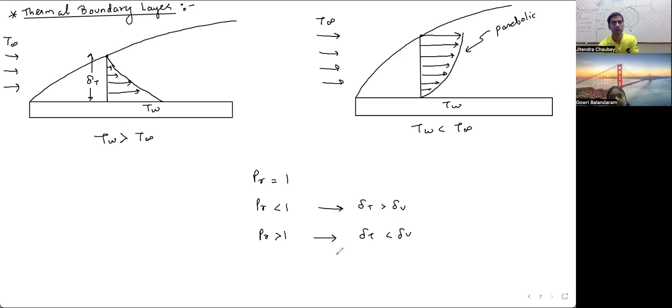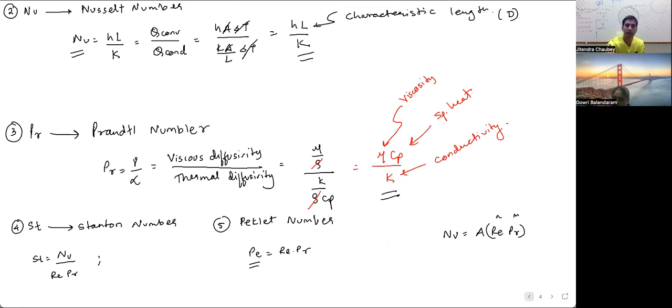If the body has a tendency of flowing, like I was talking about the diffusion rate. If we are talking about the Prandtl number, let's understand what exactly the Prandtl number signifies.